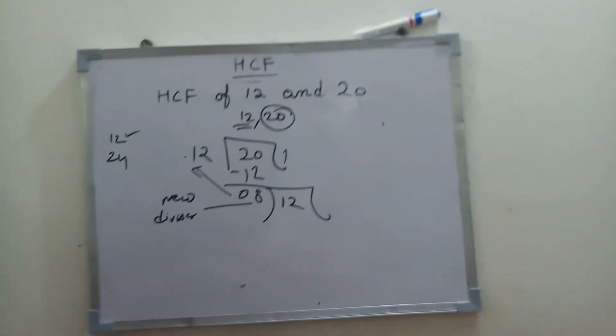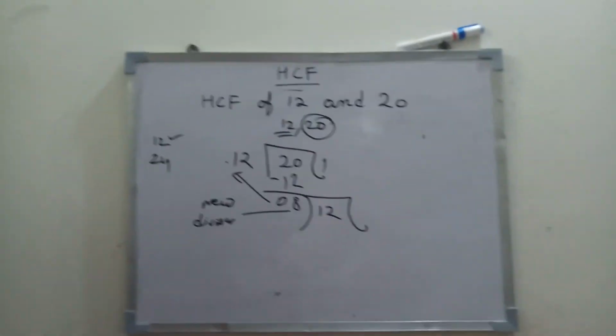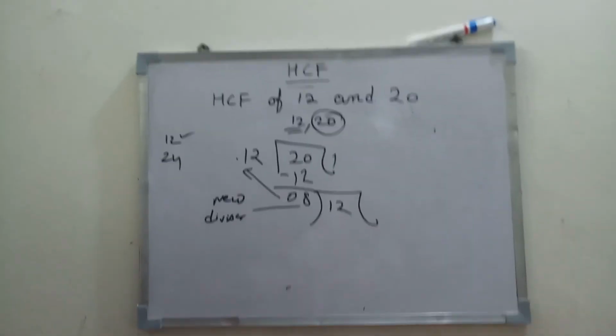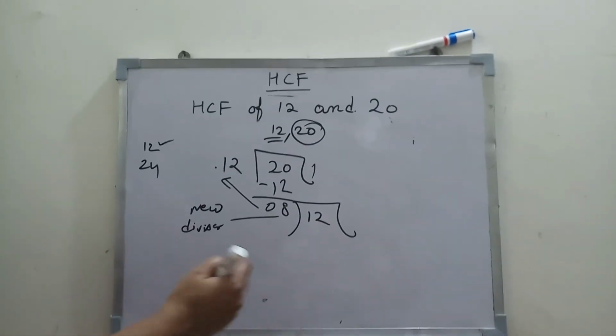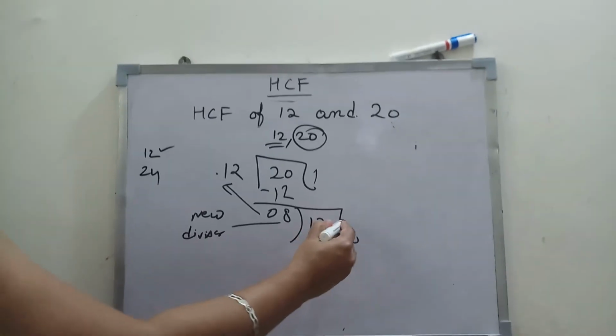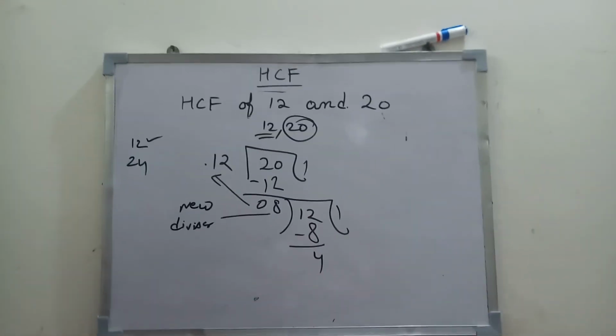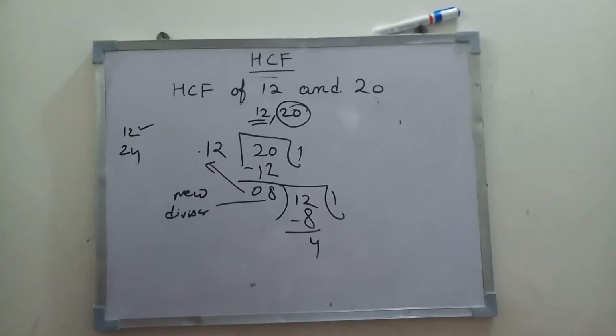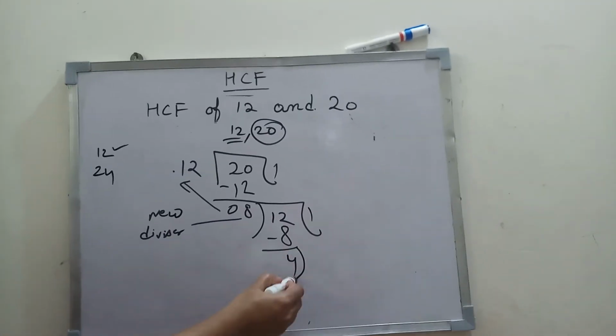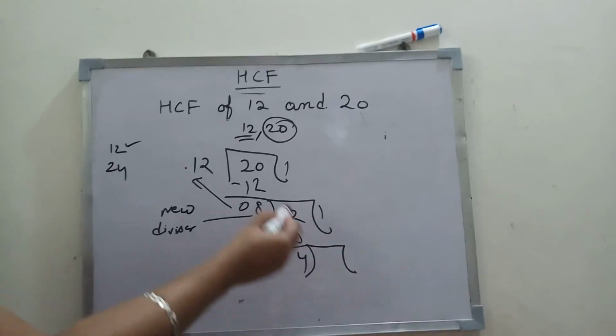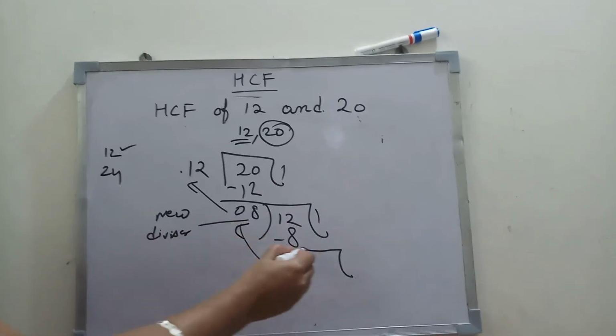Now you have to divide 12 by 8. Again read the table of 8. 8 ones are 8, 8 twos are 16. So 16 is greater, so 8 ones are 8. You get the answer 4. Again the same trick: this will be your new divisor and the previous one will be your new dividend.